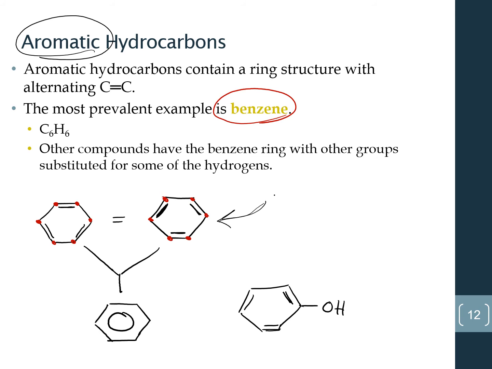So in that carbon right here, you have an oxygen bonded to a hydrogen atom. But it's still an aromatic compound because it contains that benzene structure. So for benzene, you just need to recognize that if you have that benzene ring, that's benzene, an aromatic compound.